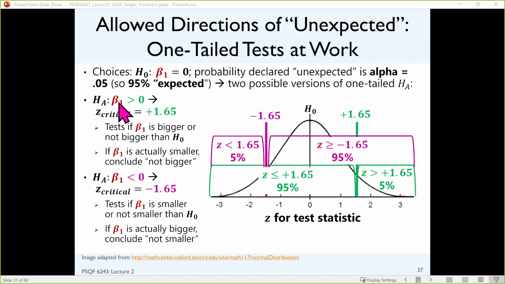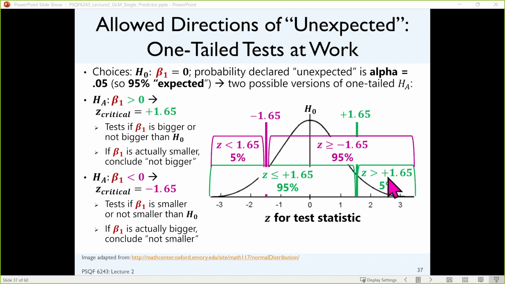So in this case, if I had a one-tailed hypothesis that beta 0 is expected to be greater than 0, that would mean that in terms of divvying up all of these possible slopes, I would put my money all over here. So I'm testing with this boundary that anything to the right is going to happen 5% of the time, and everything to the left is going to happen 95% of the time.